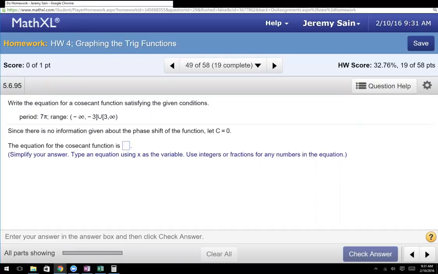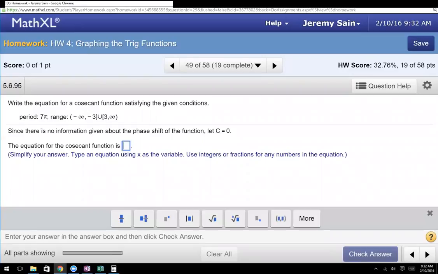All right. So this is easier because they describe the important thing. When you see the -3 to 3 or whatever, what does that tell you about a number out front? It's going to be 3. And they want cosecant, so cosecant.